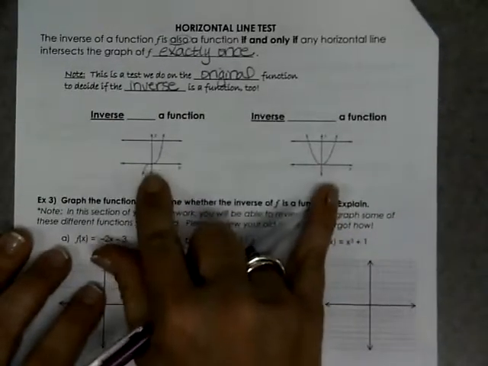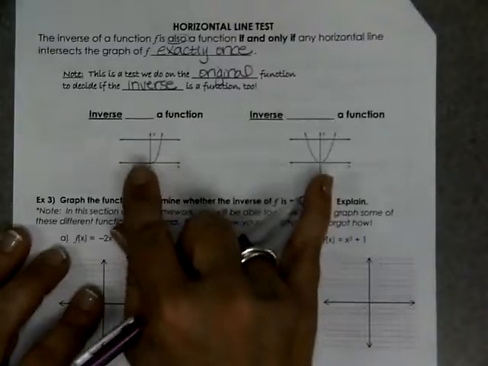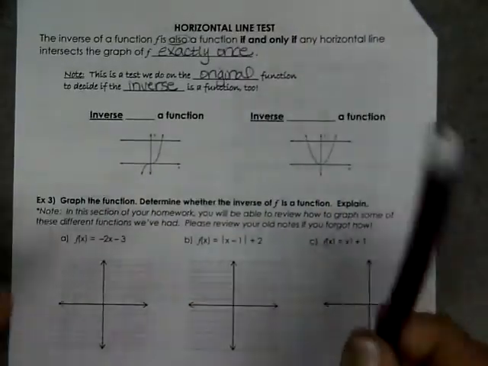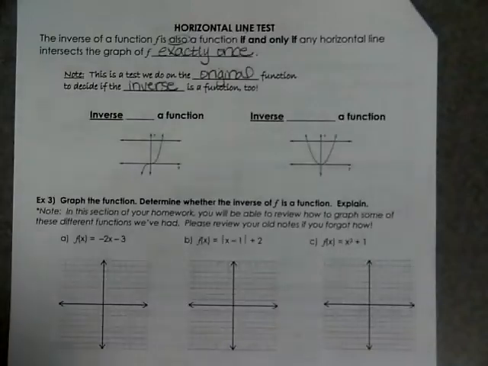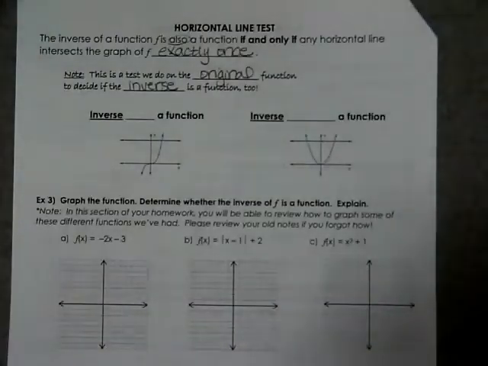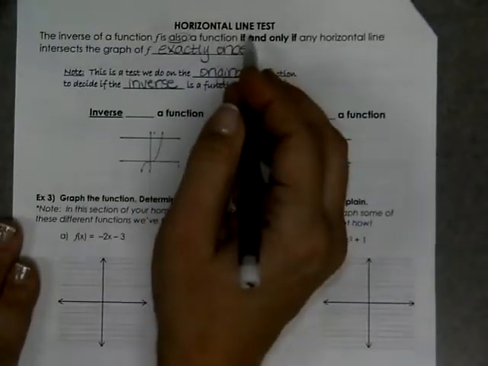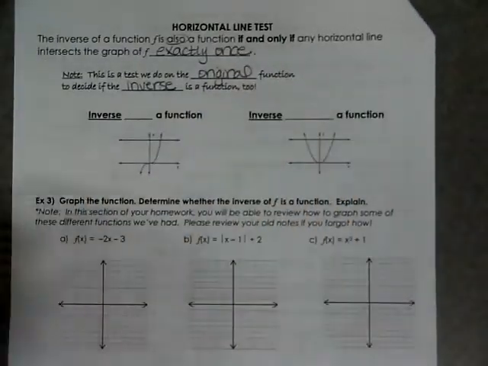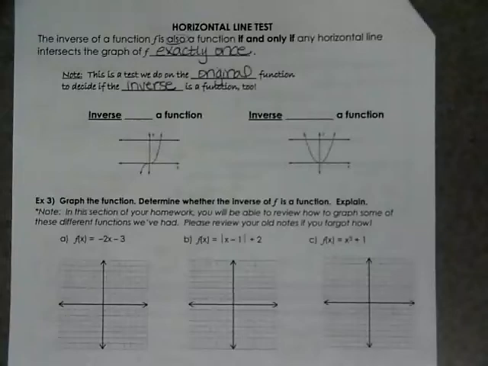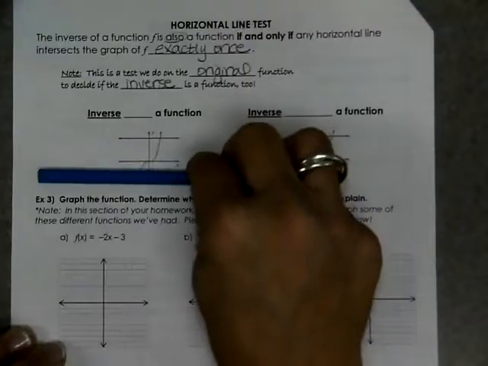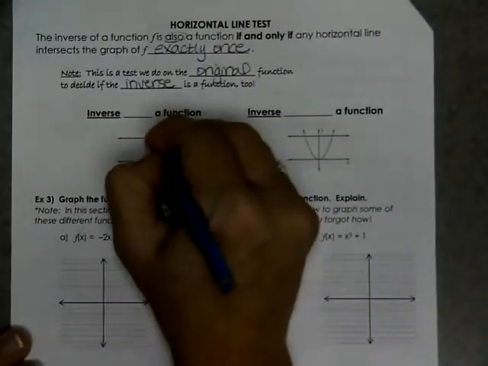So the graphs that you see here are functions. These are functions that pass the vertical line test. But we want to know, if we were to find the inverse, would the inverse also be a function? So what we do to do that is the horizontal line test. So notice that if we take a horizontal line and we pass through it, at any point, it only hits once.